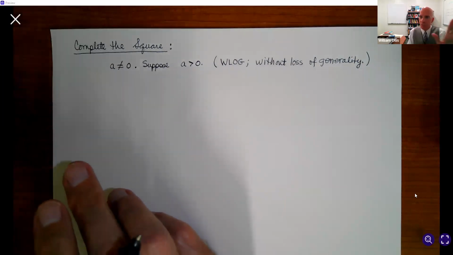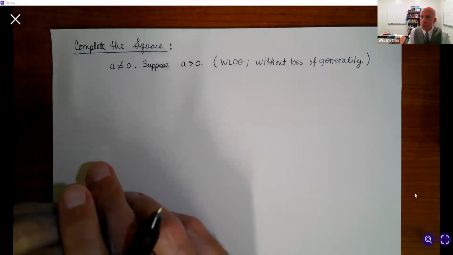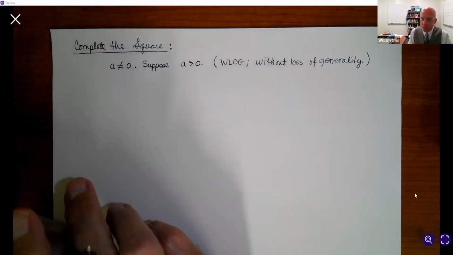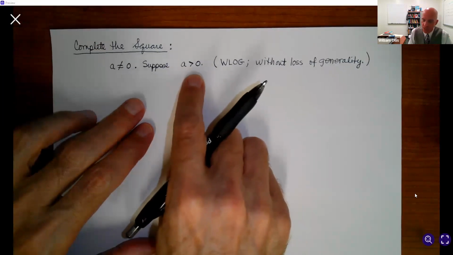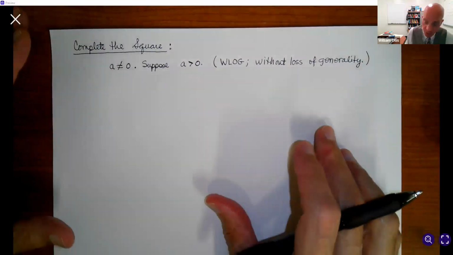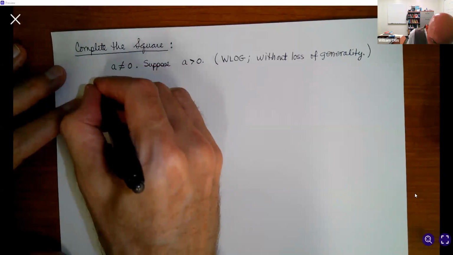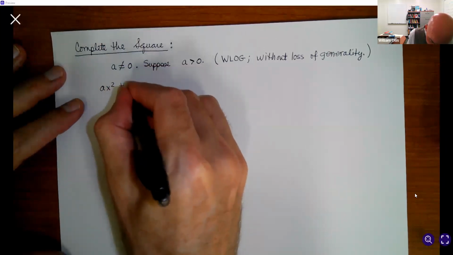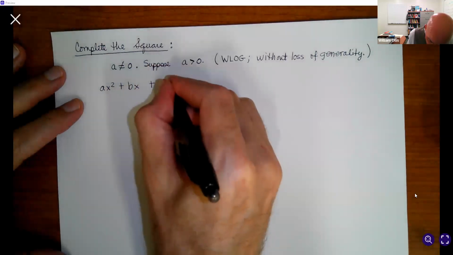What we do to one side, we do to the other. So this would not change in any way the solutions. So we can actually insist upon this without weakening our result. So now this will give us ax squared plus bx plus c equals 0.